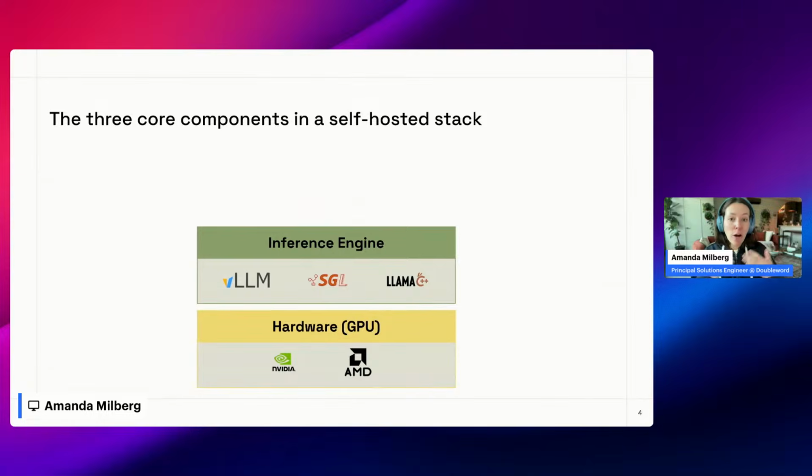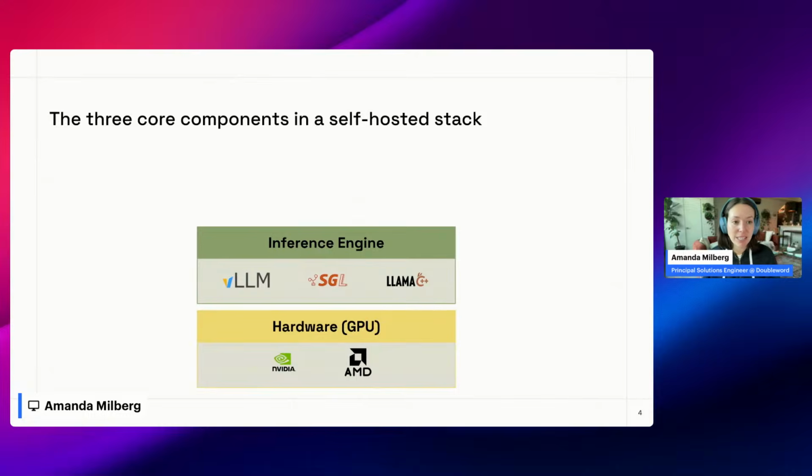And just like the outputs are different, the inputs are also different. Traditional AI and machine learning models are very structured, as opposed to LLMs, where you might be taking in unstructured image, text, or video data. And while there are inference engines, and I've listed a few on this screen, that exist that are open source that you might leverage in your stack, it does take mastery to configure these engines properly for your given use case.